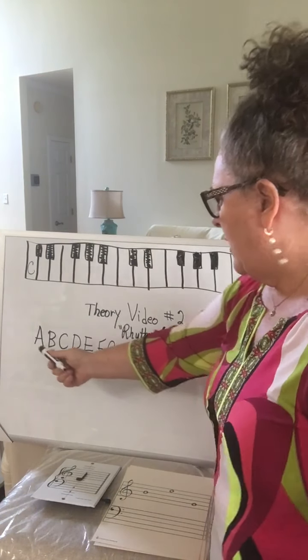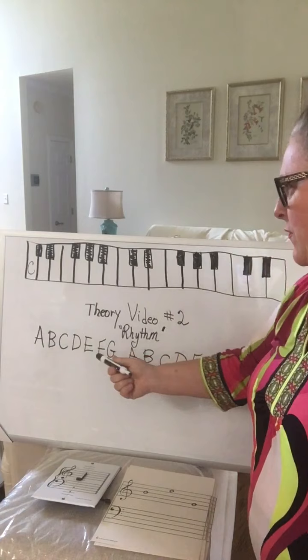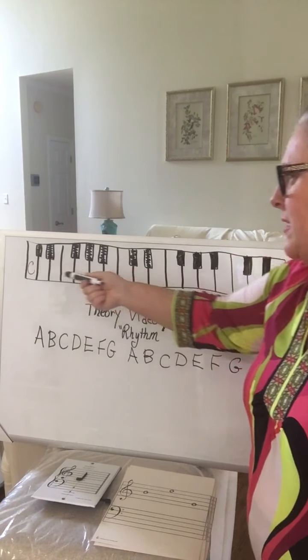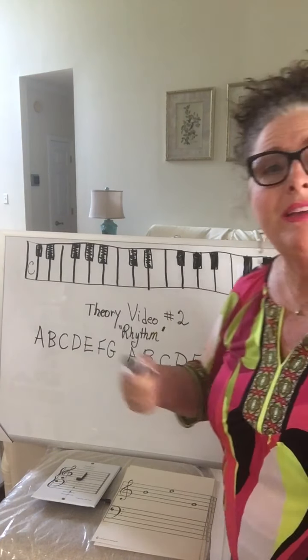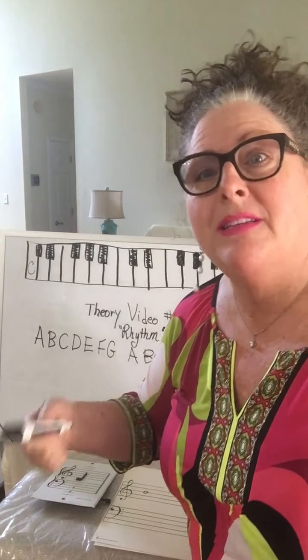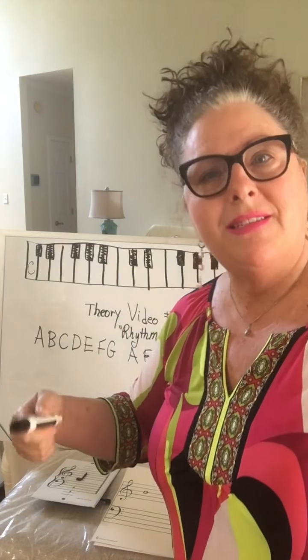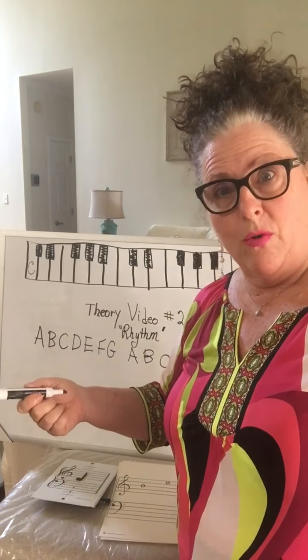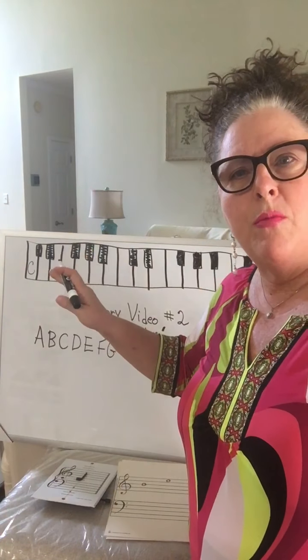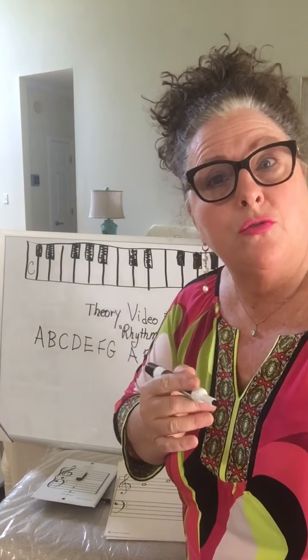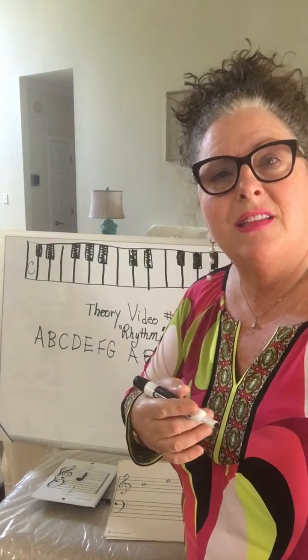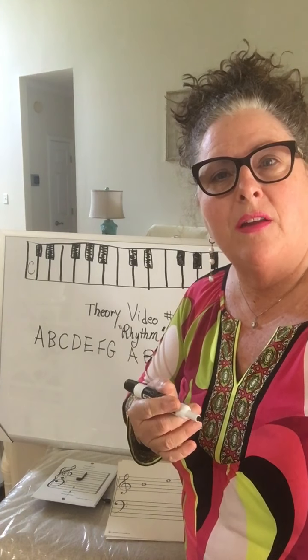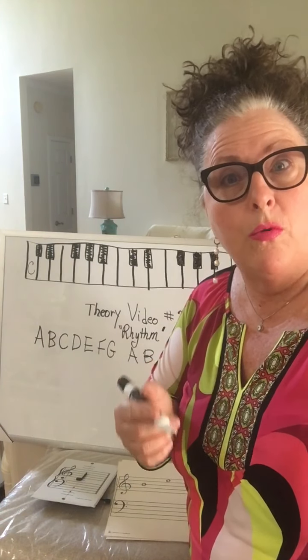Okay, so then if you'll recall, our music alphabet just all the way down the piano repeats itself. So it says A, B, C, D, E, F, G, A, B, C, D, E, F, G, and so forth. But on our keyboard that I've drawn today, we're going to actually start on C, since these are the notes that we did in theory video number 1.